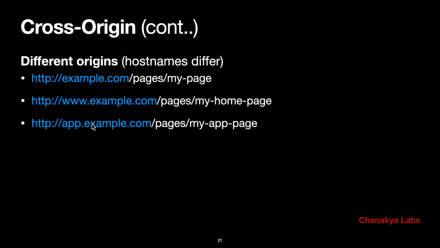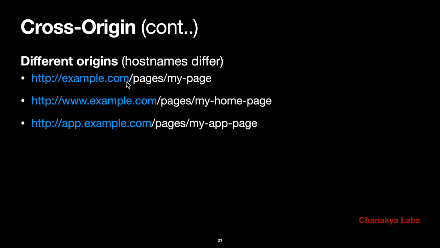Let's take another example of different origins. You see that all schemes are the same, all ports are also the same, but the domains are different. example.com and www.example.com are not the same. On websites when you open them, it might feel like they are the same, but internally this is the base domain, and anything with a dot before that is called a subdomain.